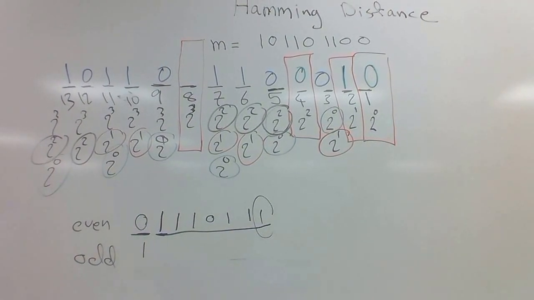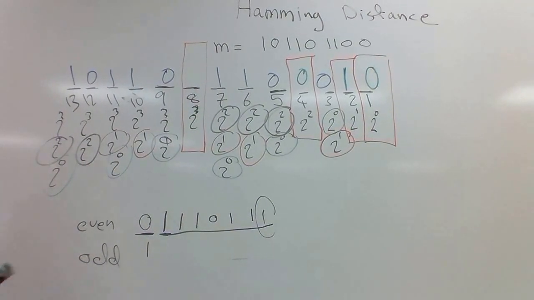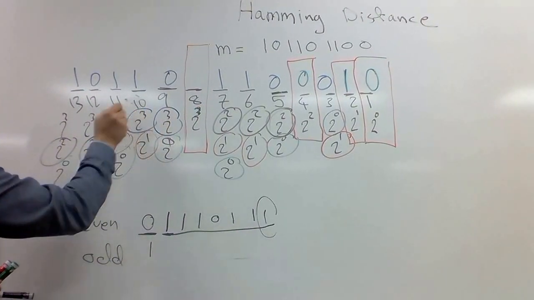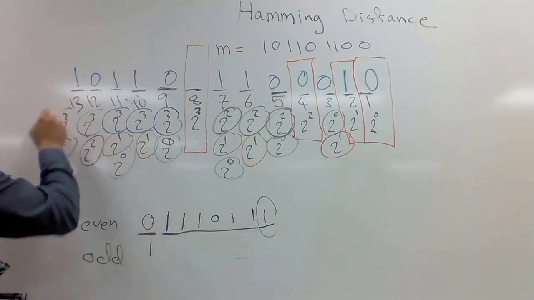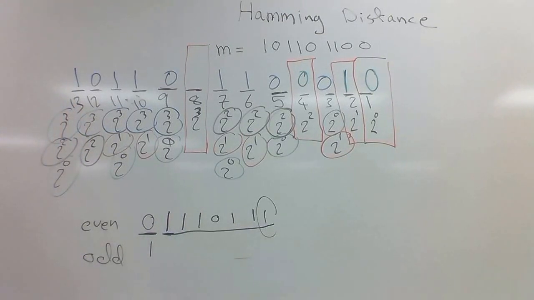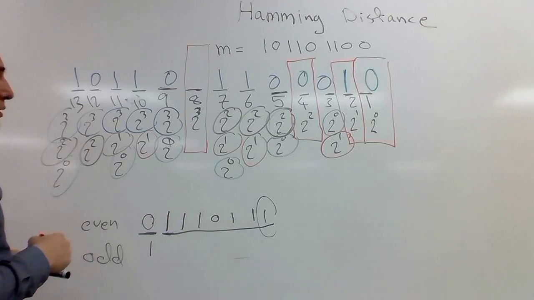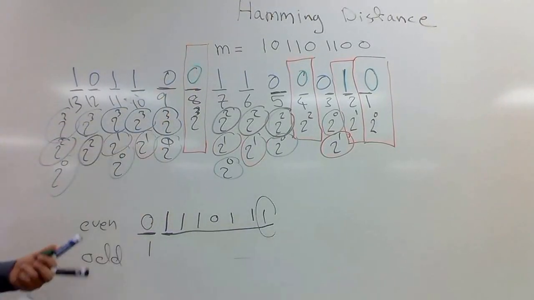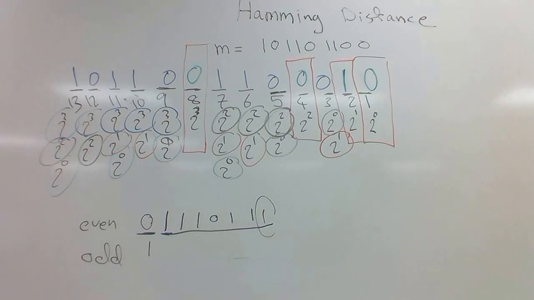And last, I'll take 2 to the power 3's, and it's going to be all of those. I had 3, so it's going to be 0. This will be my message with the redundant bits. And they call it the encoded word.